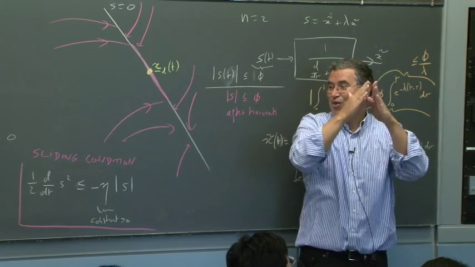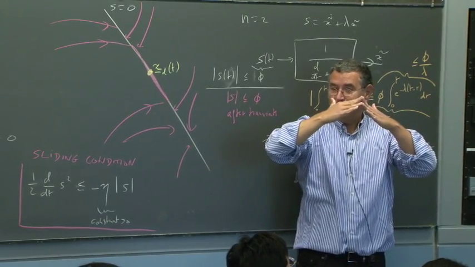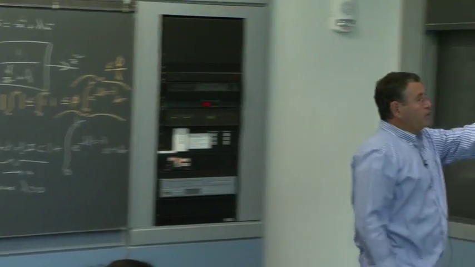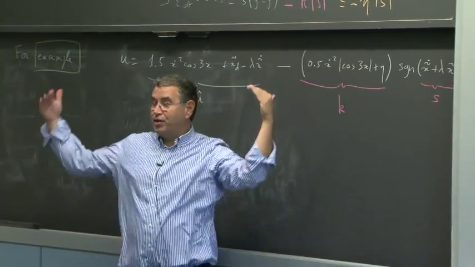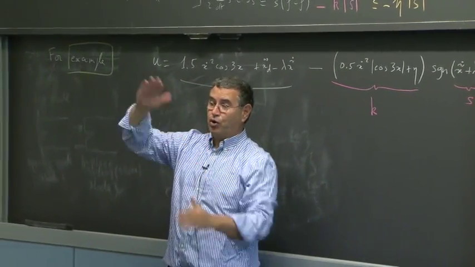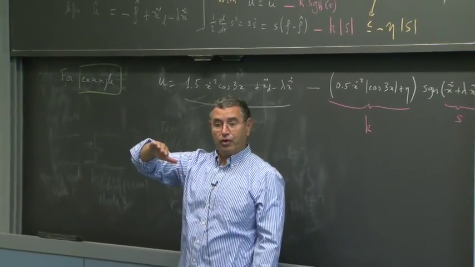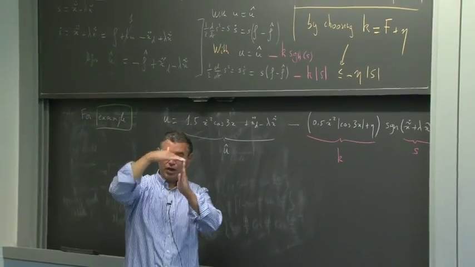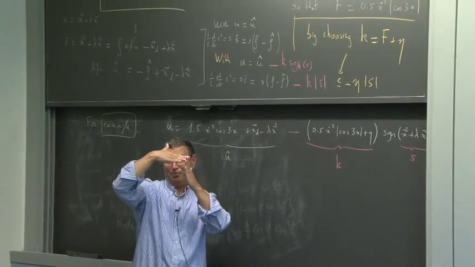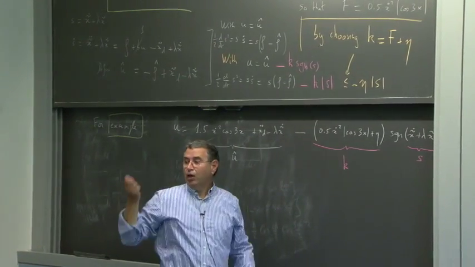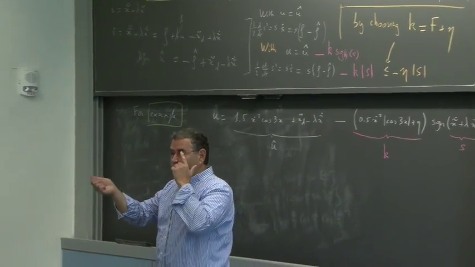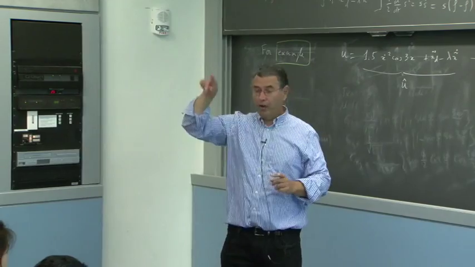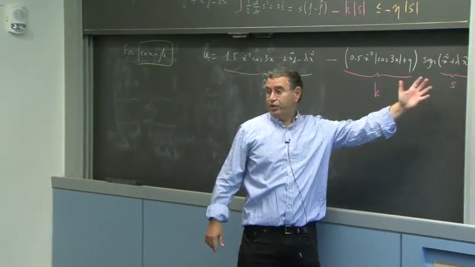They need to be pointing towards each other, which means precisely you need a term like this minus k sine of s, a discontinuous term around the surface. On one side of the surface the arrows point like this, on the other side like that, so as to give it some slack. So the reason it works is that you have this discontinuous control law around the surface, which you see in this k sine of s term.